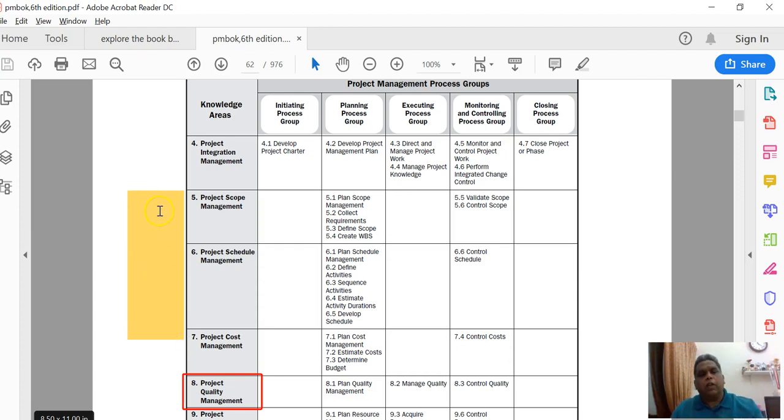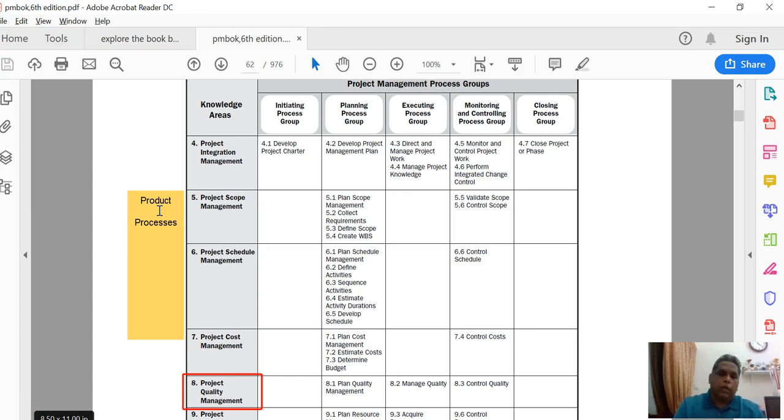We need to think on the level of the product, and we need to think on the level of the processes that we adopt to create the product. Now, it's critical to realize that the quality of the processes that we use determines the quality of the product that we deliver. And therefore, we need to have an approach to manage the quality of the processes and an approach to manage the quality of the product.